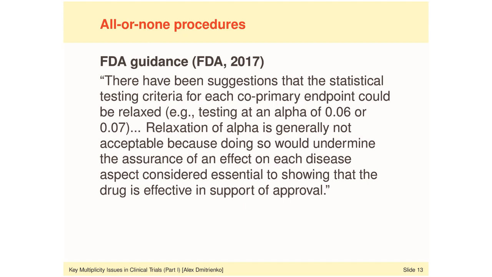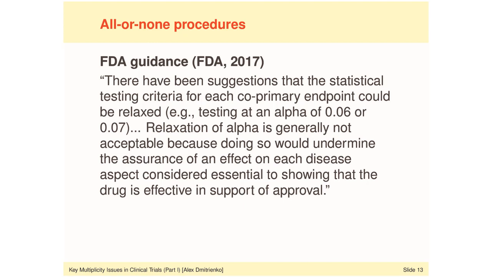However, it is pointed out in the guidance that relaxation of alpha is generally not acceptable, because doing so would undermine the assurance of an effect on each disease aspect considered essential to showing that the drug is effective in support of approval. So once again, as we said on slide 12, the inferential approach used in trials with co-primary endpoints is quite straightforward.